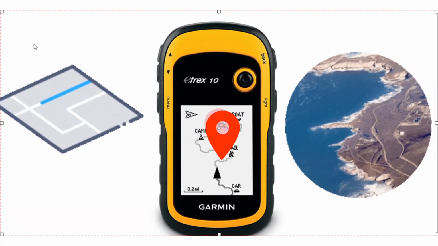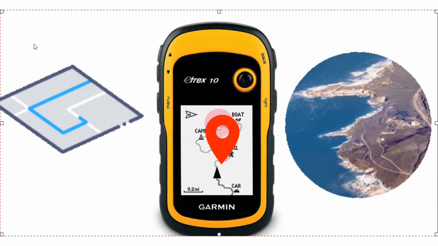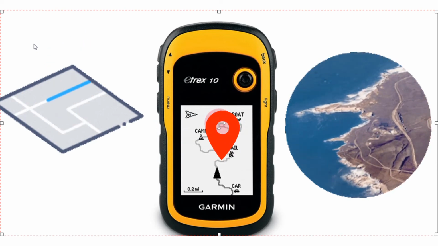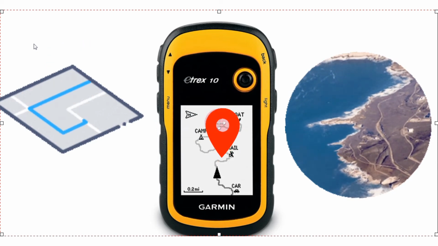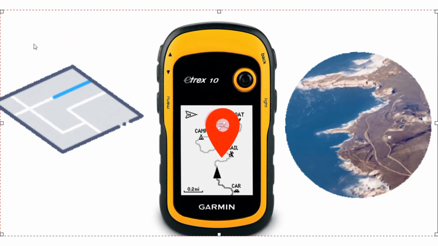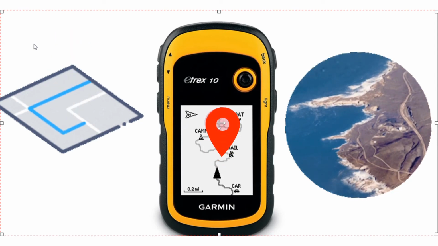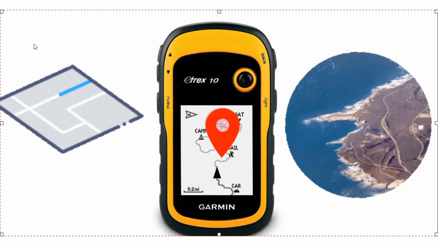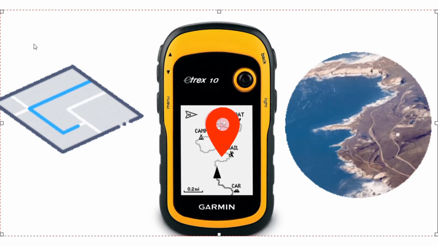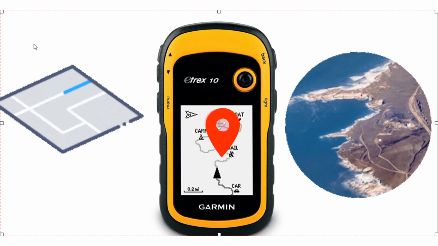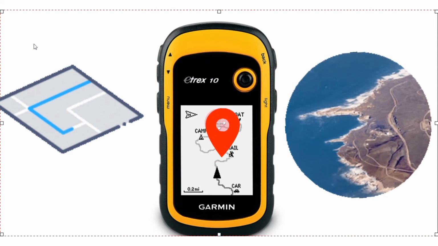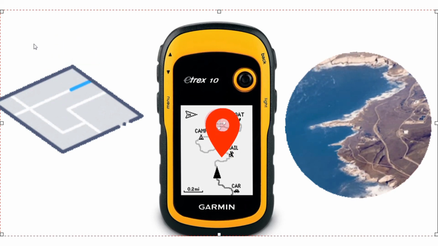Next is GPS. GPS stands for Global Positioning System, the satellite-based navigation that makes use of radio signals to locate a particular location. The sender transmits a radio signal to the satellite.